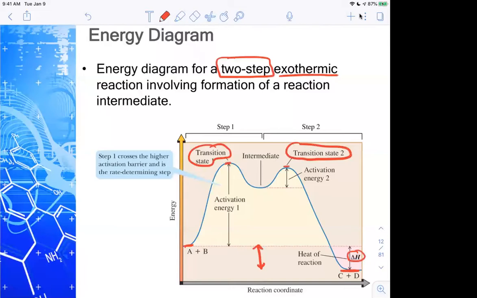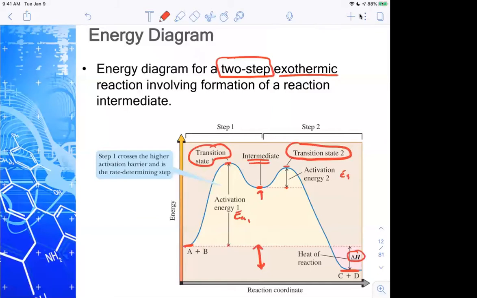I have two different activation energies. I have this hill, which is the activation energy for the first step, and then I have this hill, which is the activation energy for the second step. And this energy minimum is going to be this intermediate that's formed. So the intermediate is actually the product of step 1 and is the reactant of step 2.